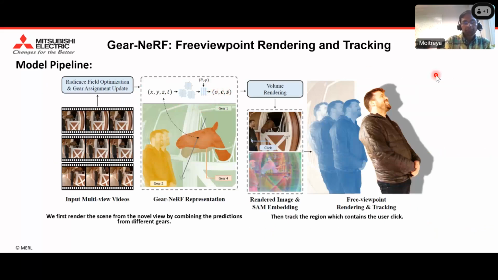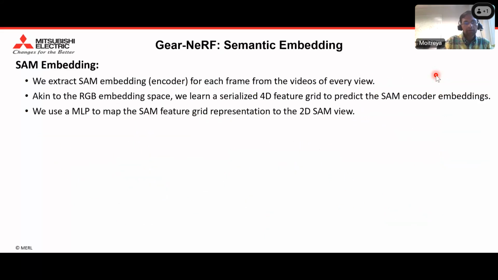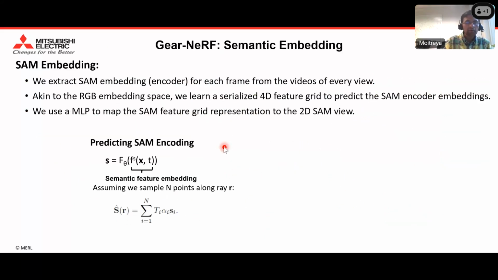To derive the SAM encoding, we adopt a similar approach, where we compute this FSXT, which is again obtained by summing these factorized embeddings and then mapped through a multi-layer perceptron to obtain the color. And we use an MLP to map this resultant embedding FSXT to the corresponding SAM feature map.